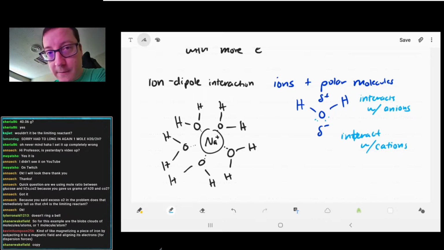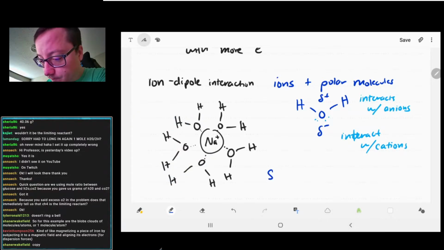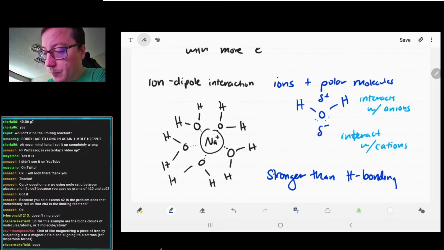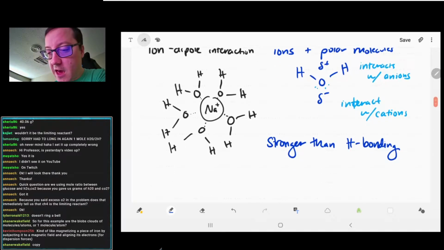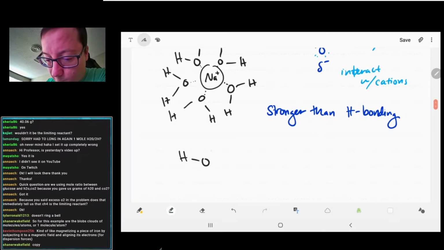Just like before, we're going to see that this is going to be stronger than plain old hydrogen bonding. So compare that versus this. If we look at this, just make this a different color.